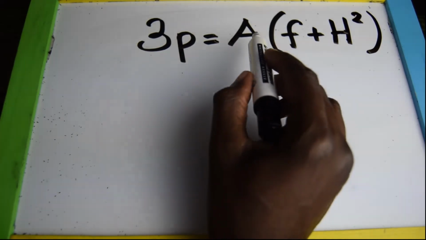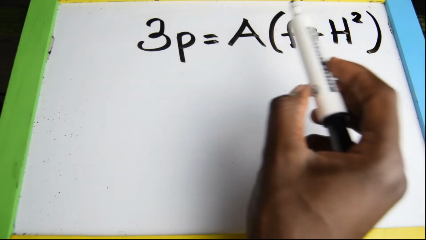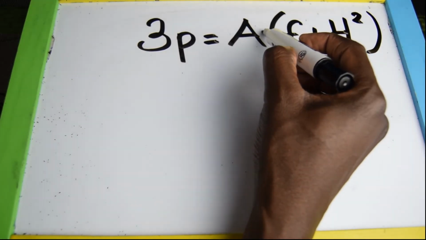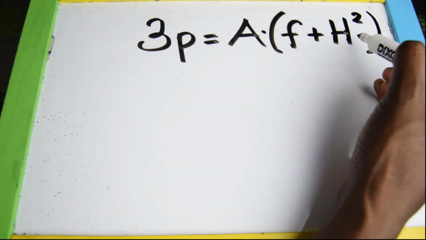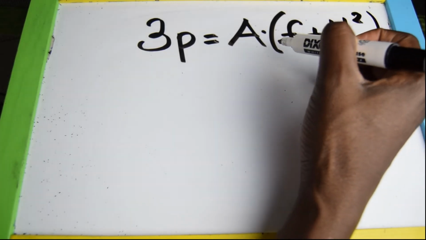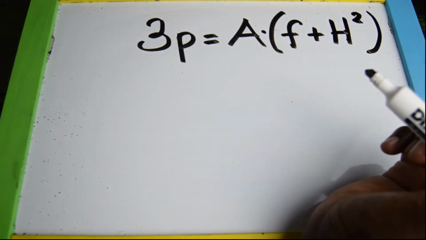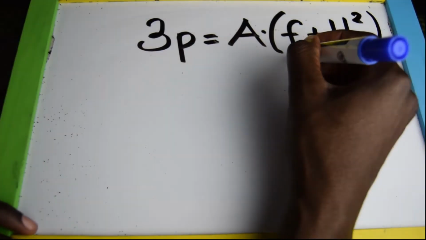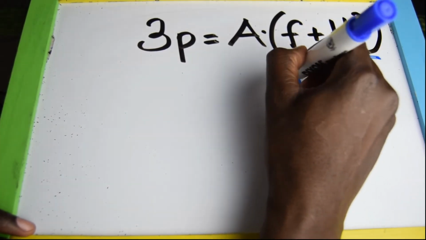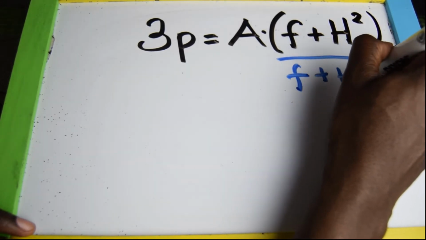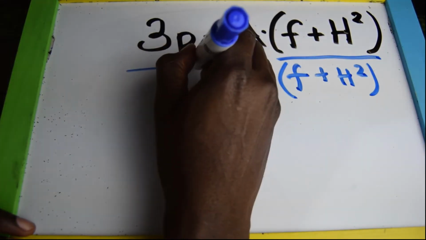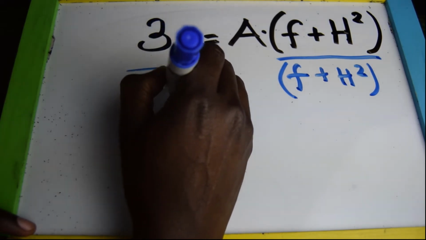Solve for A. How do you get A by itself? Remember, A is multiplying all this, and the inverse operation of multiply is divide. So I will divide this side by F plus H power 2, and also divide this side by F plus H power 2.